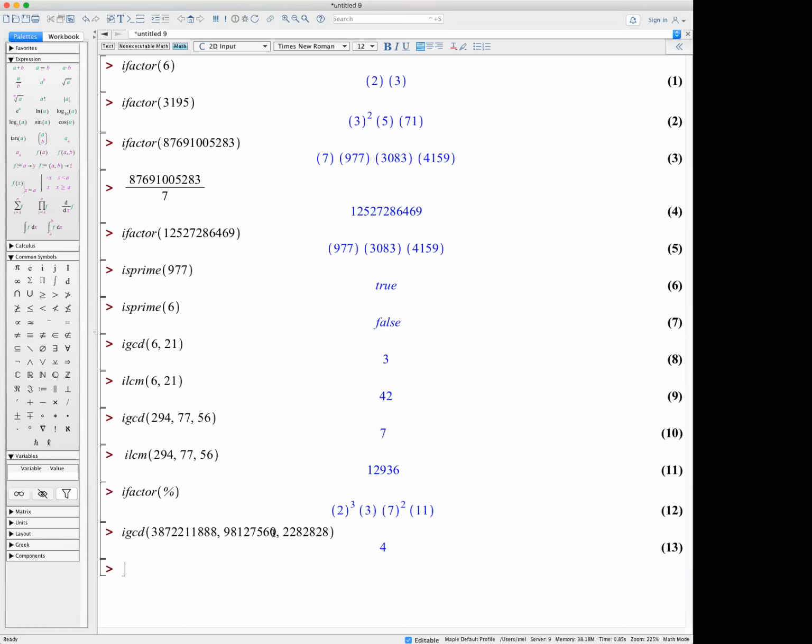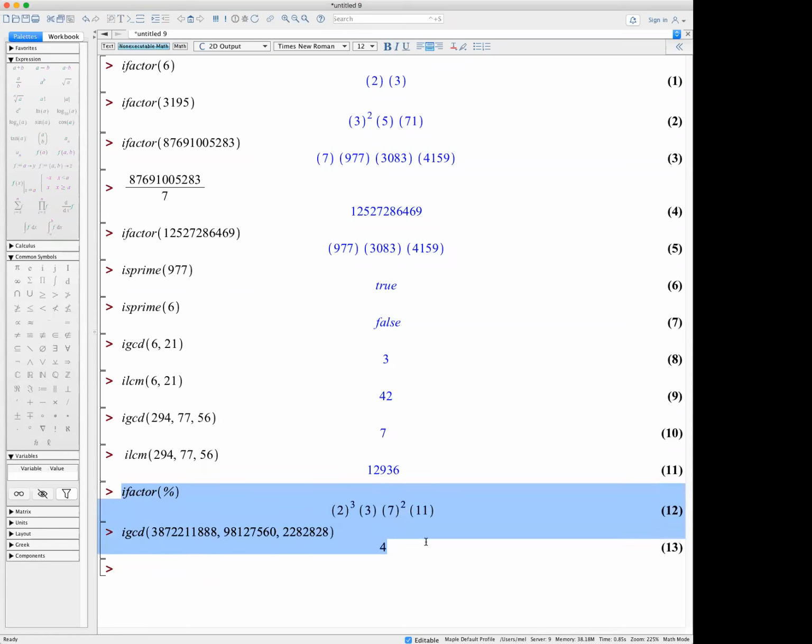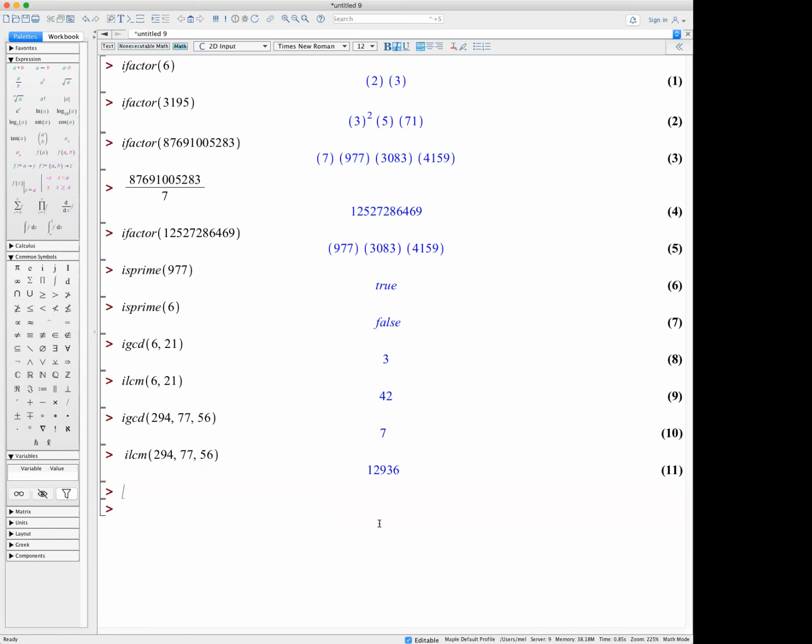Professor, 12,936 times 7 doesn't give you the same value as if you were to multiply all the numbers together. Well, let's do the experiment. You're saying 7 times 12,936.